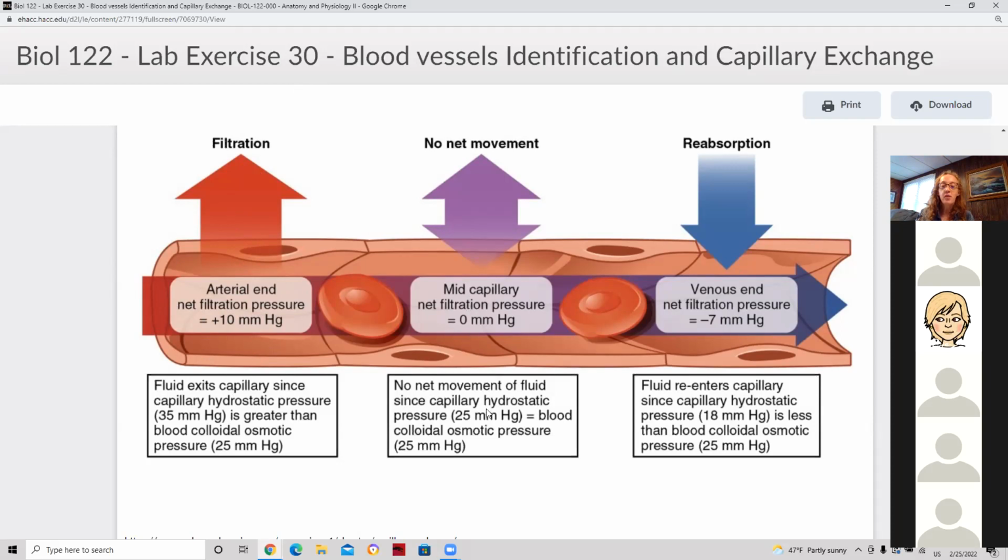When the capillary hydrostatic pressure equals the blood colloid osmotic pressure, then there's no net movement in or out of the capillaries.